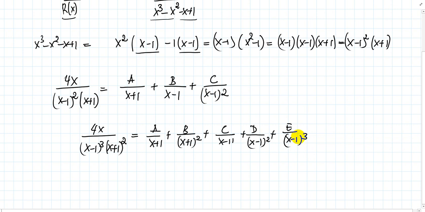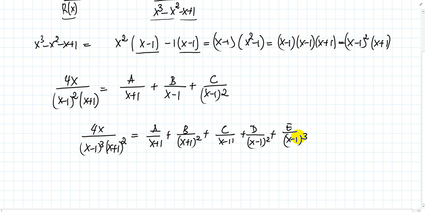So before, if this is not repeated like this, then you need to write a divided by x plus 1 plus b divided by x minus 1, right? Now, if one or several factors are repeated, then you need to write more terms on the right-hand side. Okay?